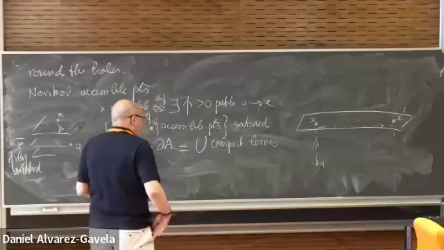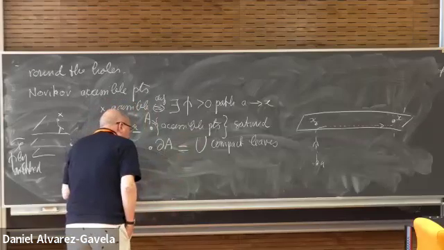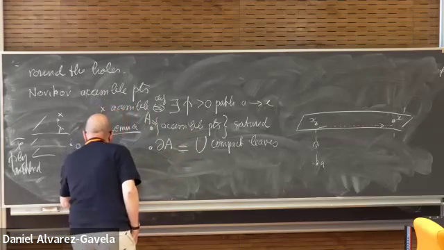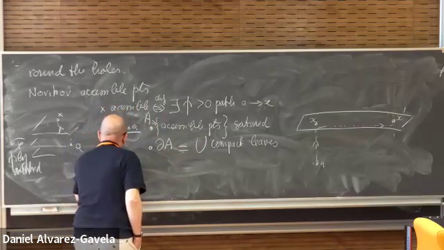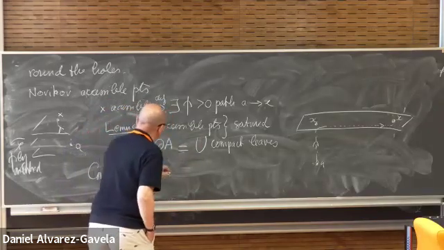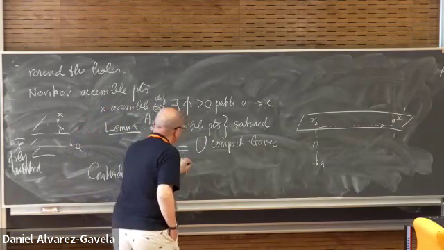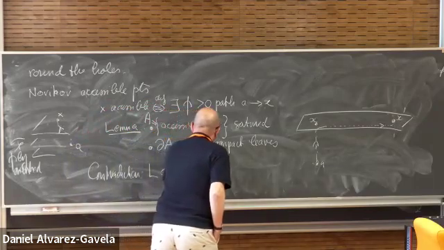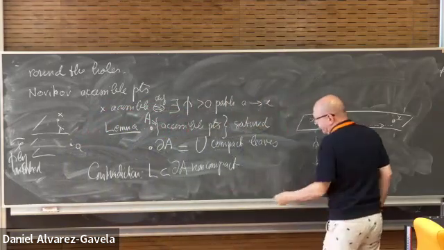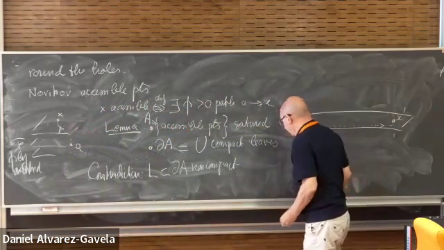And this is also very easy, namely by contradiction. Assume that you have a leaf L in the topological boundary which is non-compact.